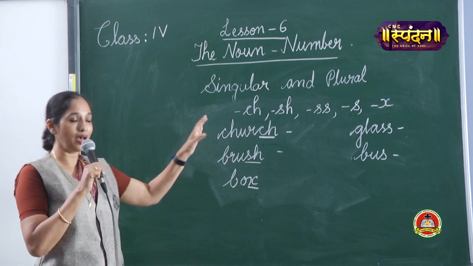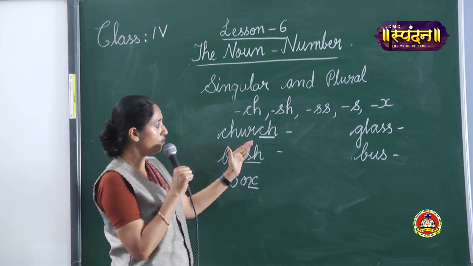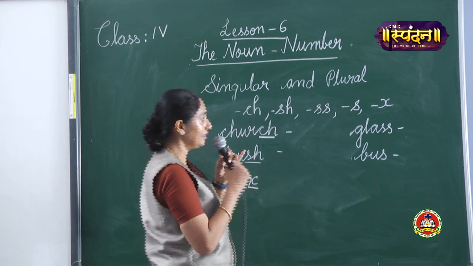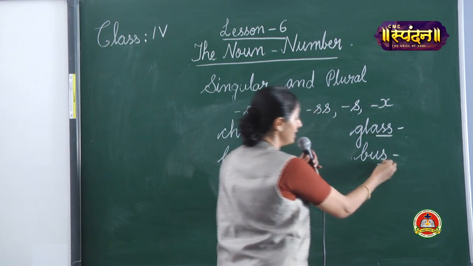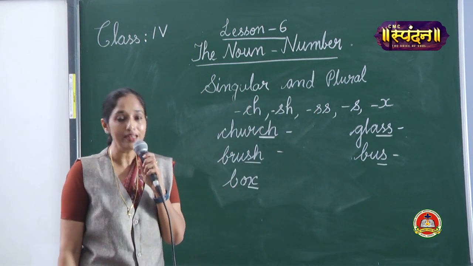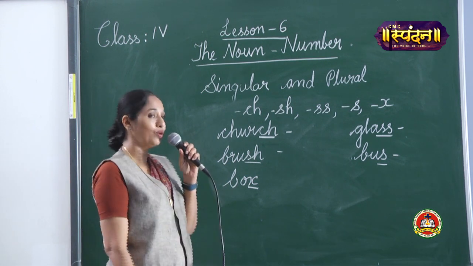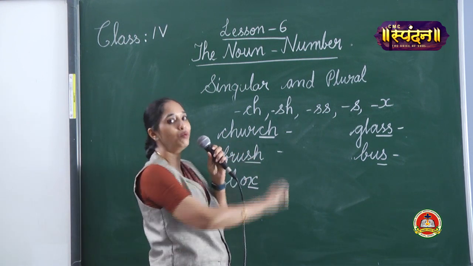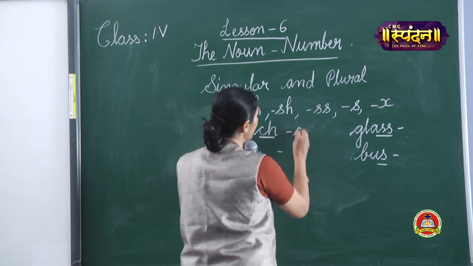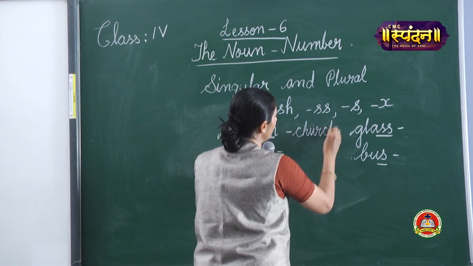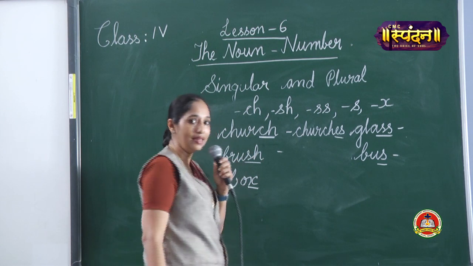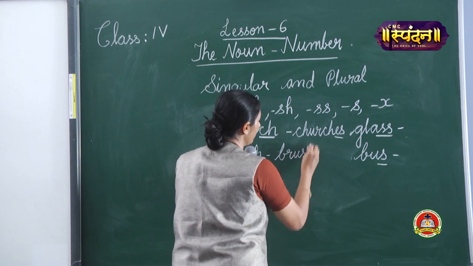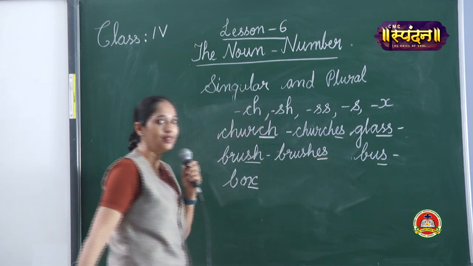So just now I said to form the plural of the words that end in ch, sh, x, double s, or s, you are supposed to add es to the noun. So let's convert these words to plurals. Church, churches, we added es. Brush, brushes, we added es.